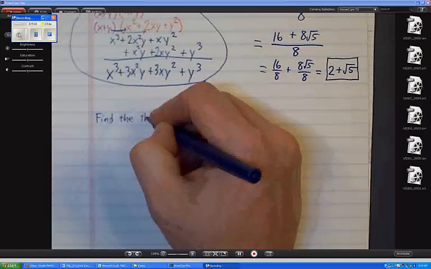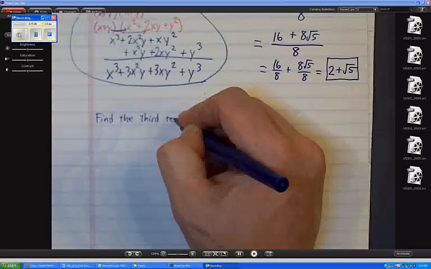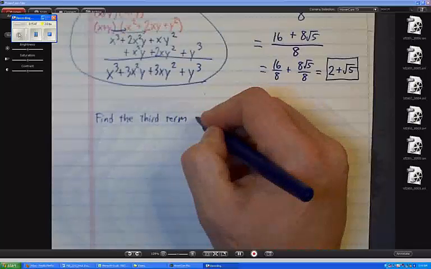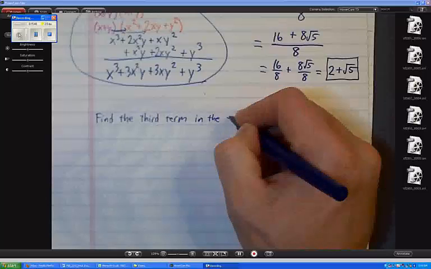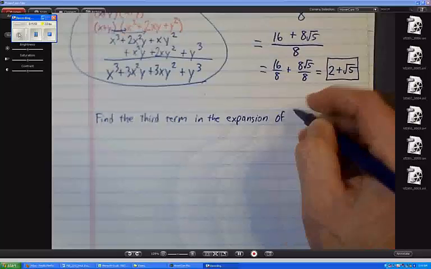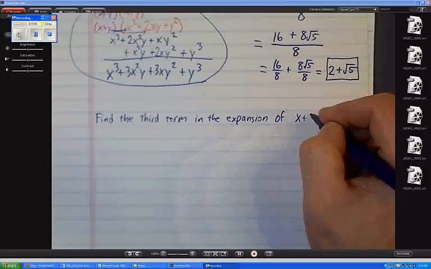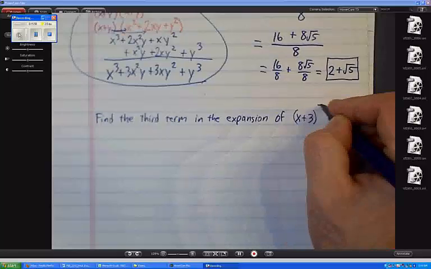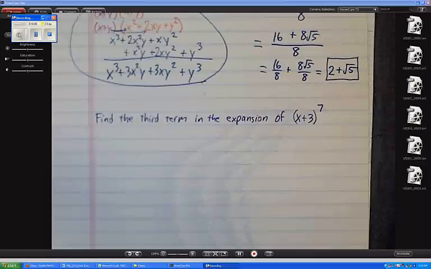Find the third term in the expansion of x plus 3 to the 7th power. Right? By the way, computers nowadays can spit that out, and I can just read what the third term is. Okay? This is where the binomial theorem really helps.